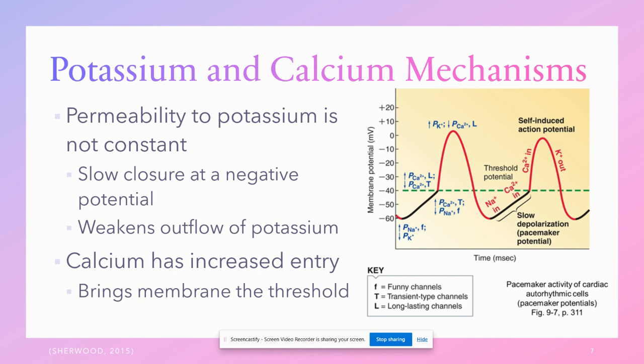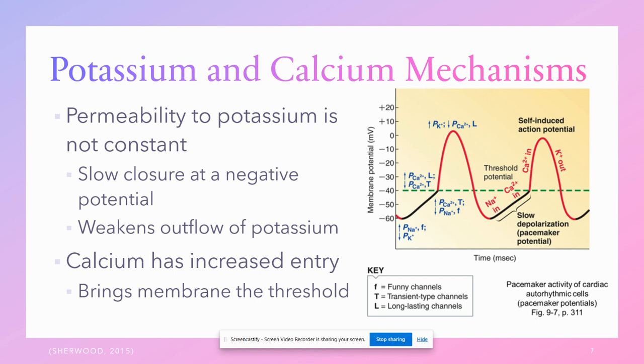The potassium channels are going to open during the repolarization of the last action potential. So on our way down, we're going to see potassium channels open, which will slowly close at negative potentials.